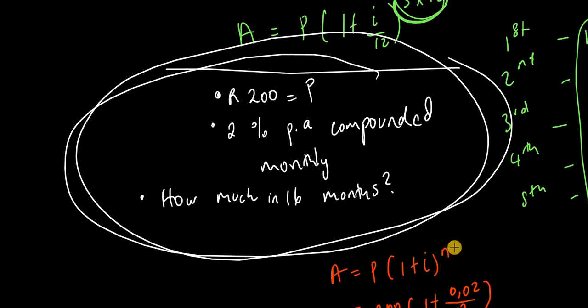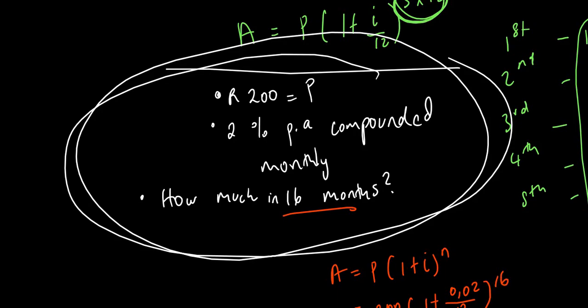Usually you are used to saying n times m, n for the number of years, but I didn't give you number of years, I gave you number of months. Because I'm dealing in months, my exponent should also be in months. Since it's 16 months, I can just put 16. There's no need of multiplying by anything.